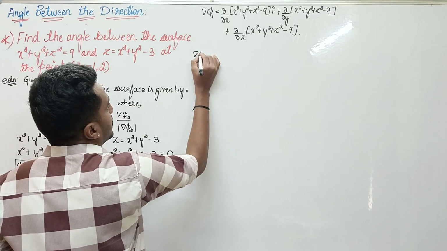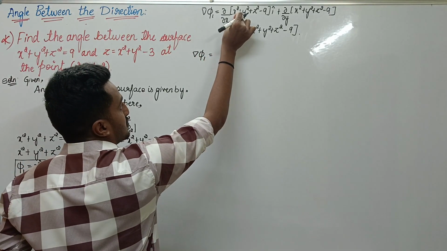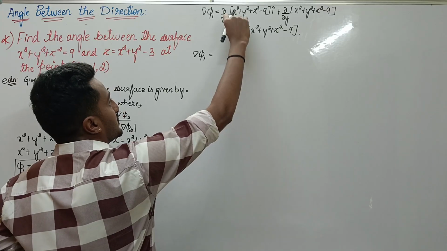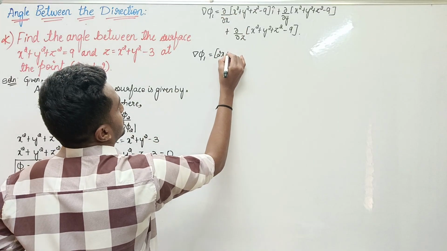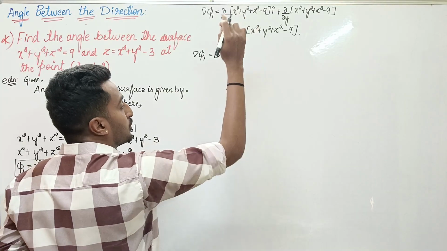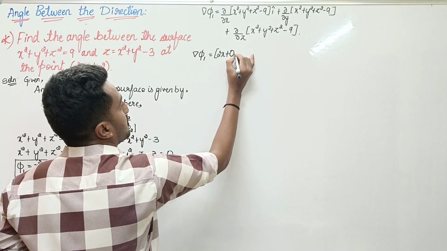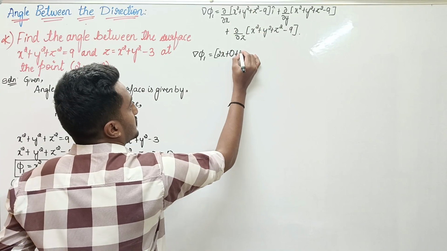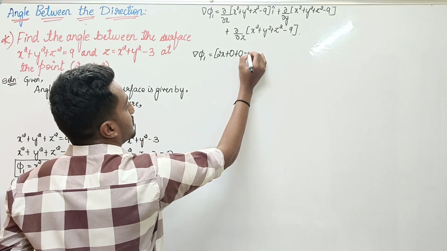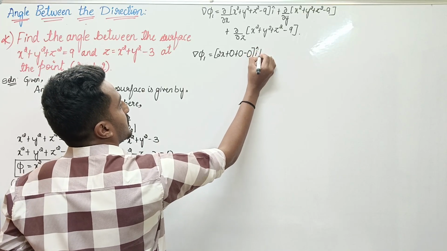Gradient phi1 is equal to differentiation of x square with respect to x, which is 2x, plus in the second term we don't have variable x, so it becomes 0, plus in the third term we don't have x, so this also becomes 0, minus differentiation of the constant is 0, into i cap, plus.